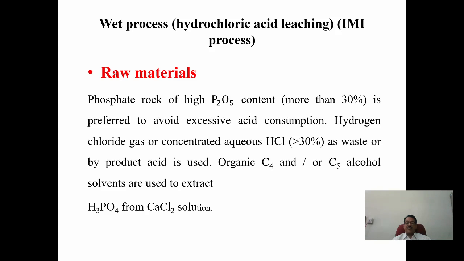Hydrogen chloride gas or concentrated aqueous hydrochloric acid, more than 30% concentration, is used, or a waste acid from a byproduct can also be used. Another raw material required is an organic C4 or C5 alcohol as solvent, which is used to extract phosphoric acid from calcium sulfate solution. I mean to say calcium chloride solution, right.